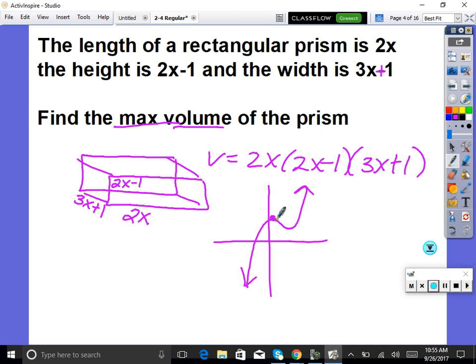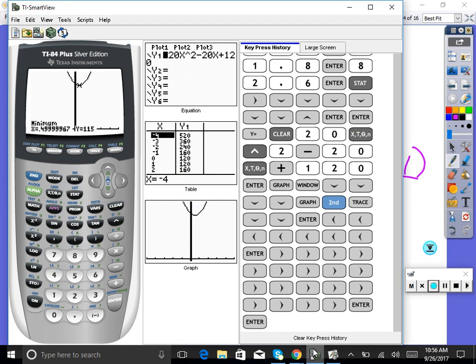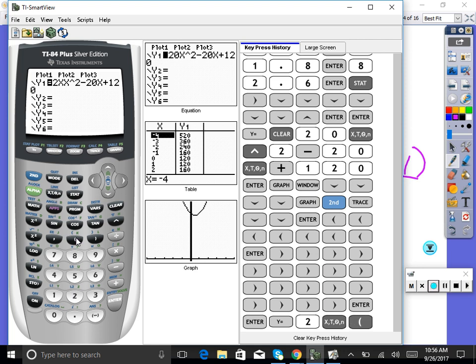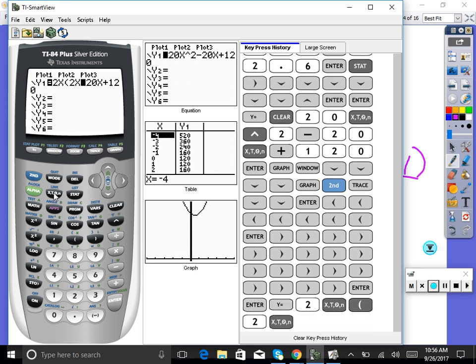Go to your calculator. You can literally just type it in factored form instead of standard form. So go to y equals and type in this and then hit second graph. And then you might have to make your window better. 2x times 2x minus 1, wasn't it?